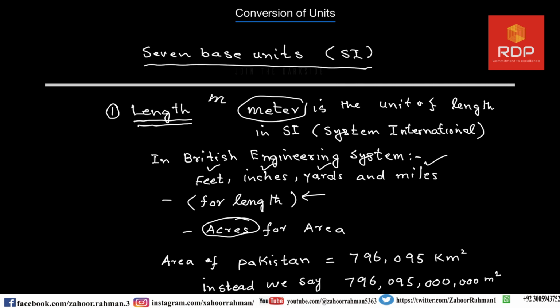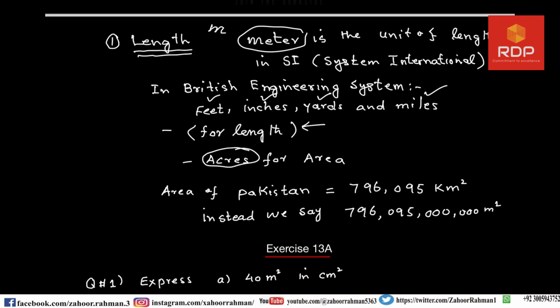So if we are talking about the unit of kilometer square, how can we convert that into meter square? That is the main purpose of this topic of conversion of units.